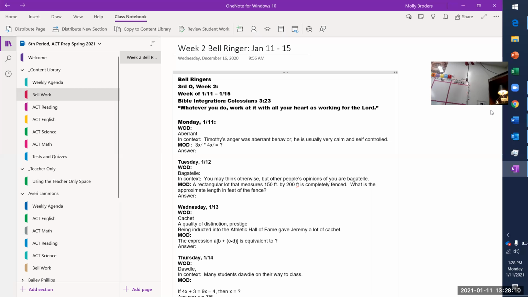Believe it or not, knowing parts of speech of words will actually help you in the English section. Because if the underlined word is an adjective or an adverb, then you know that your answer is probably got to be an adjective or an adverb. So that's why I do that. Anybody want to take a guess at what the definition is based on the sentence and context? Non-existent. Non-existent, okay, yes.